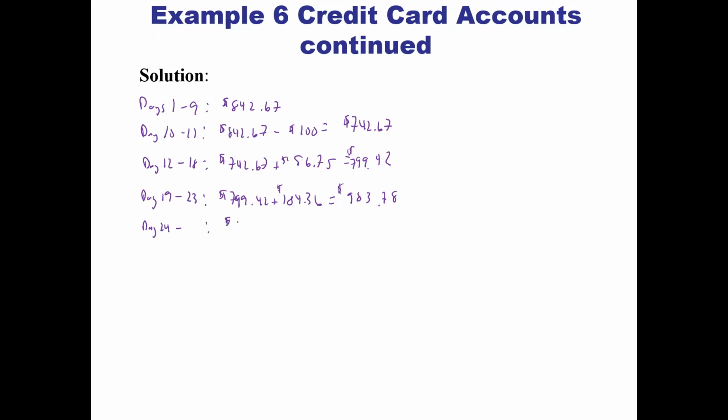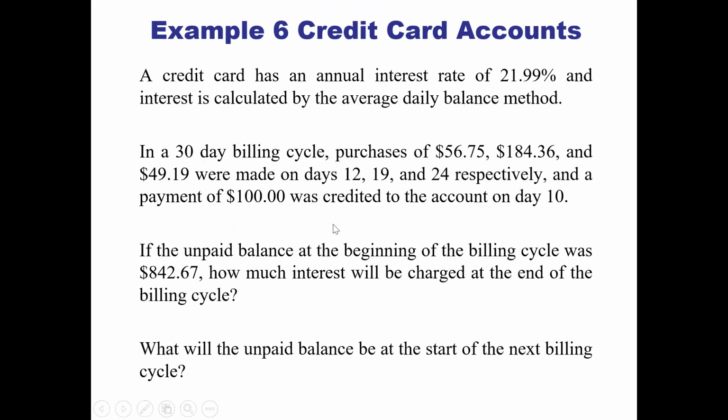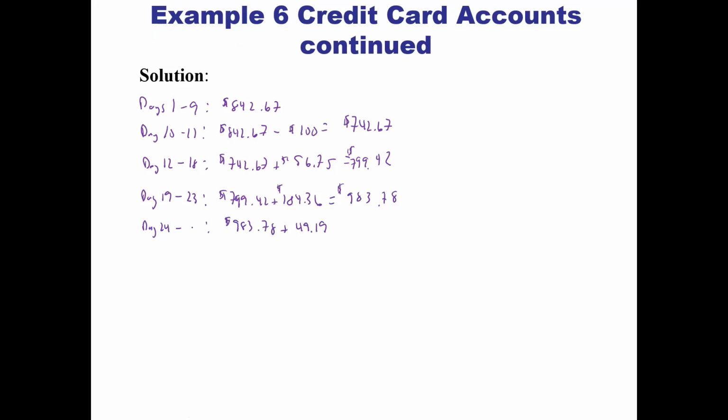So we have $983.78 plus $49.19. And how many days were in the billing cycle? 30. Okay, so we didn't do anything else after that. And so that's going to be $1032.97, if I did it right. All right, so those are going to be the things.